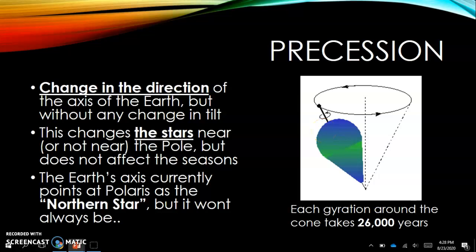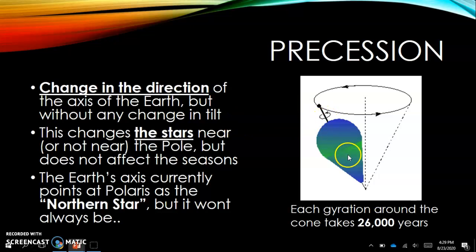So if you spin a top and you leave it alone, it just kind of goes in a perfect spinning circle, right? And then the top of it stays straight up. But if you were to flick the side of it, it would kind of wobble to the side and it would go in this sweeping motion, okay?